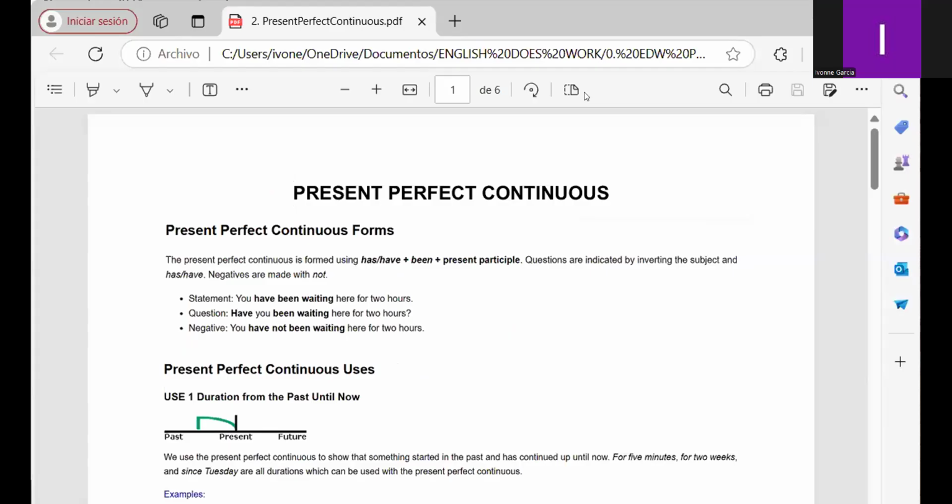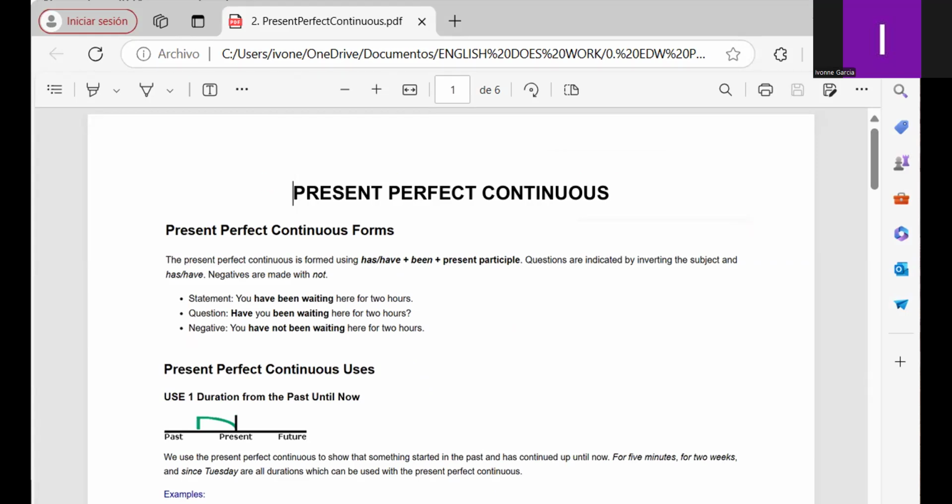As you already know, some of you have already sent the activity, and I have been reading a lot of good stuff in what you have sent so far.